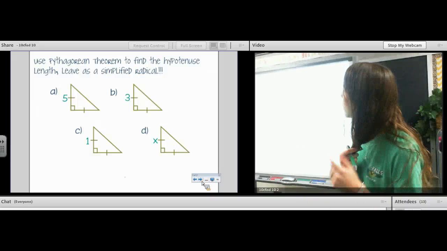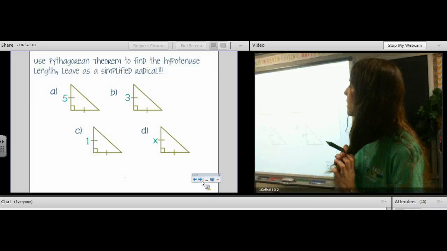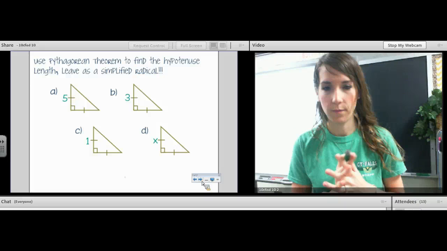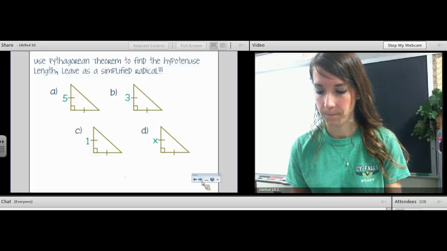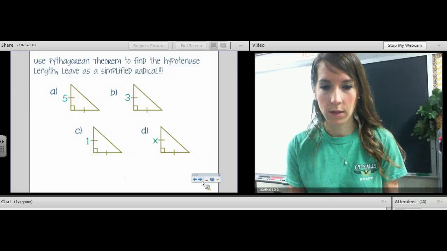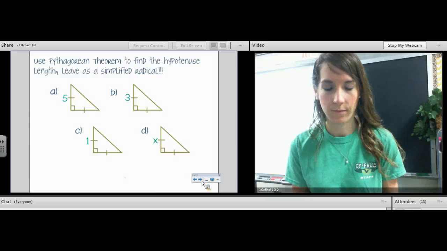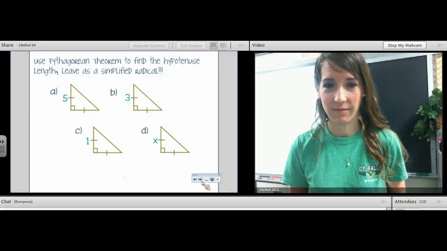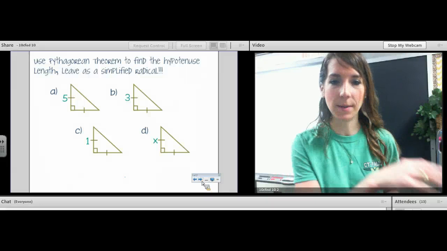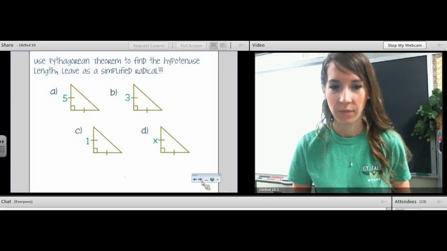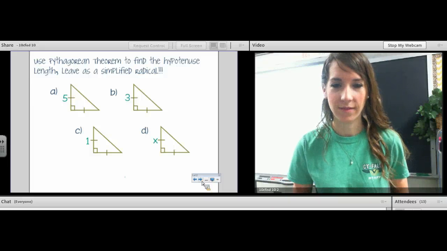Use Pythagorean Theorem to find the hypotenuse length. Leave it as a simplified radical. Everyone pick one and do it. Someone pick A, someone pick B, someone pick C, someone pick D. Everyone pick one.